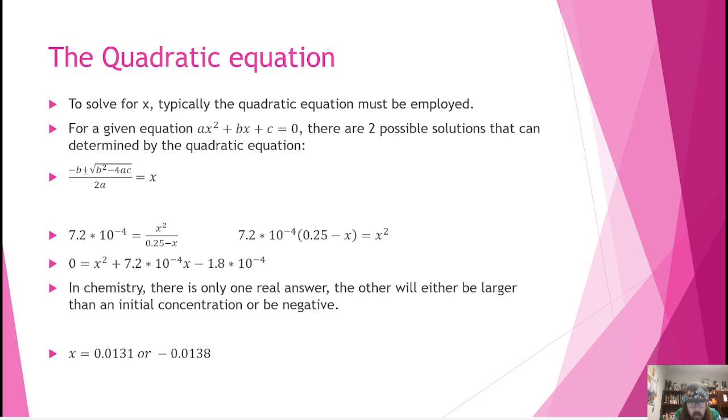One of them will be wrong. One way you can know the one that's wrong, if you ever get a negative value for x, the answer is wrong. Or if you get a concentration that is larger than one of your initial starting concentrations, you can't subtract out more material than there is. So either of those can be wrong.